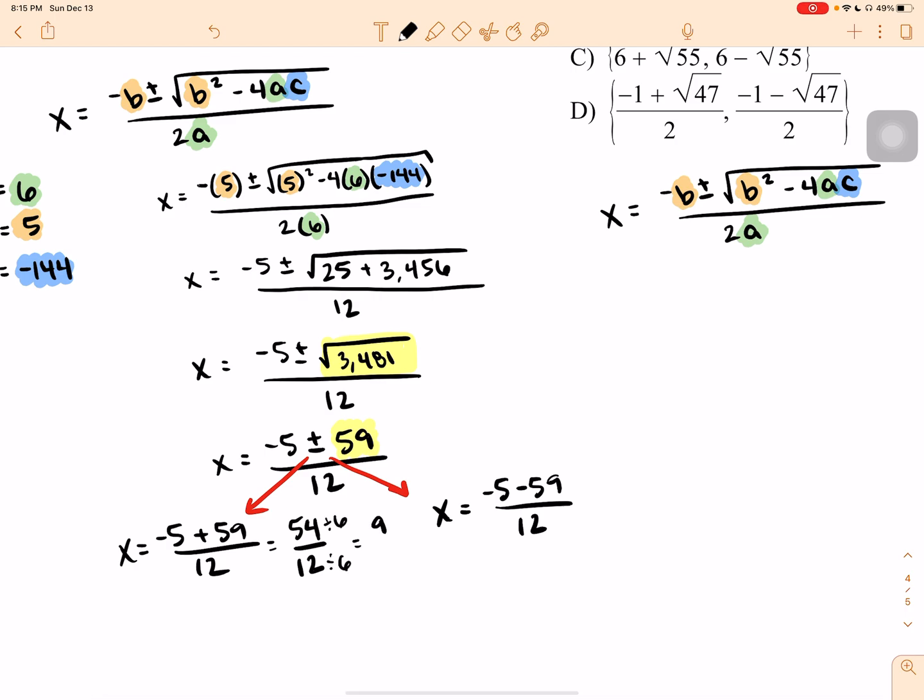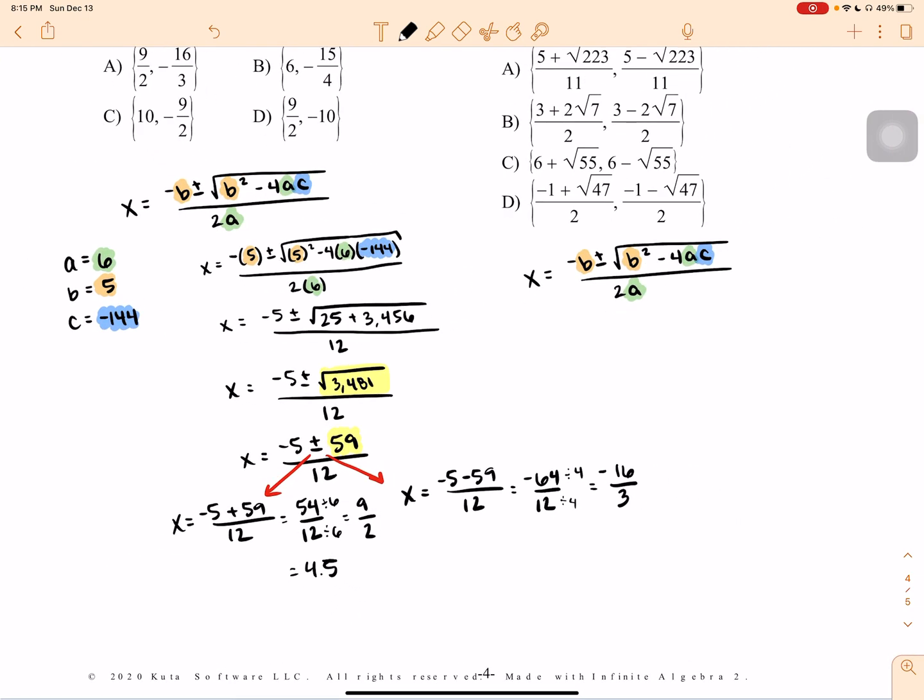Okay, this is going to be 9 over 2, or 4.5. It just depends on what the answer choices are. This one will be -64 over 12. These two are both divisible by 4. So this will be -16 over 3. All right, 16 divided by 3 is going to be a repeating decimal.